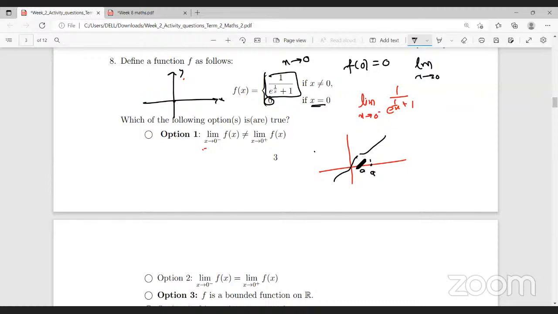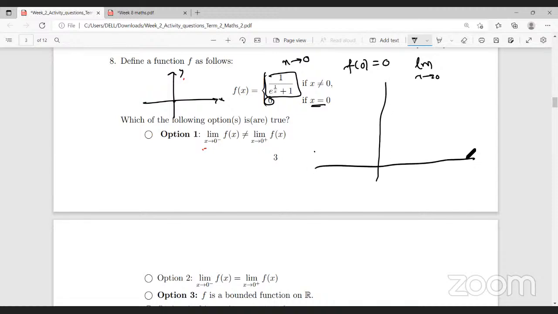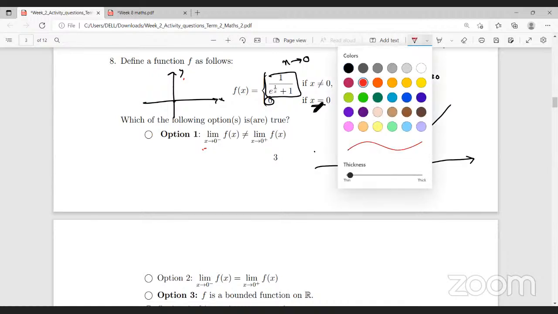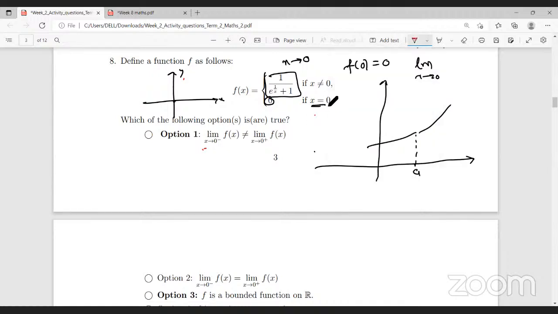So we can consider one point here and one point here, with difference h.